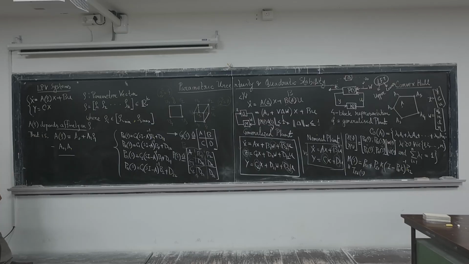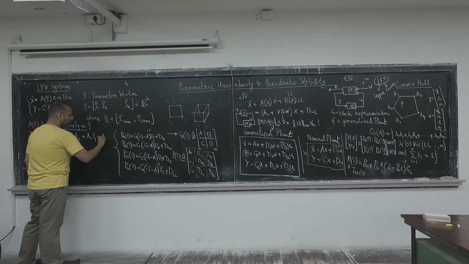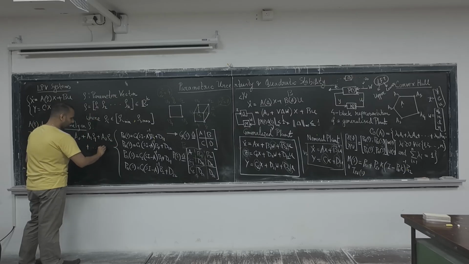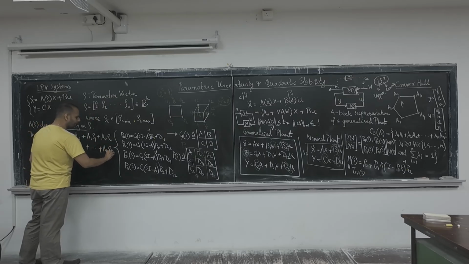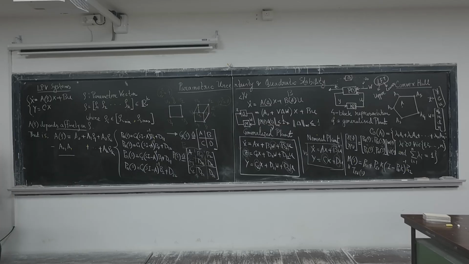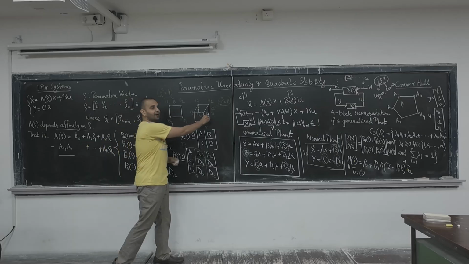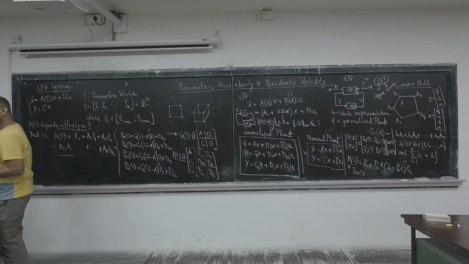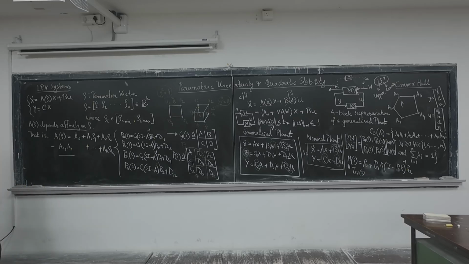That is called the affine format. So A of rho must depend affinely on the parameter rho, and the variation of the parameter must be confined within a polytope, also called the hyperrectangle, and the common term is a parameter box. Then for such systems, we can apply the Lyapunov stability theorem.